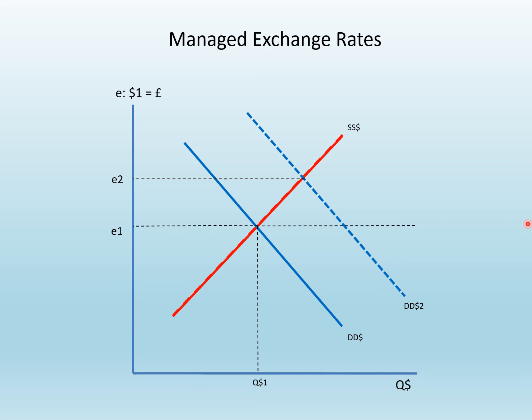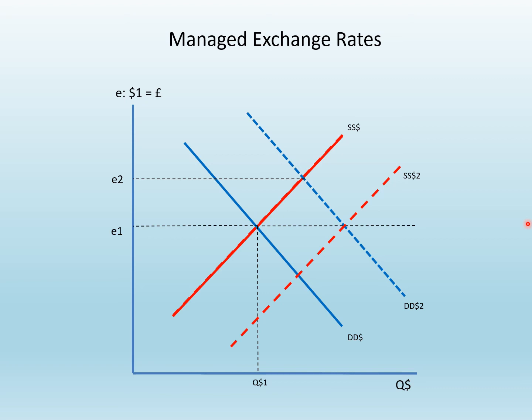It will need to draw down on dollars from its reserve account, and it will need to supply those dollars to the market, which will cause a corresponding rightward shift in the supply curve, such that the movement of the demand curve from D to D2 is exactly matched by the movement in the supply curve from SS to SS2, and the consequence there is that the pound is unchanged in value.